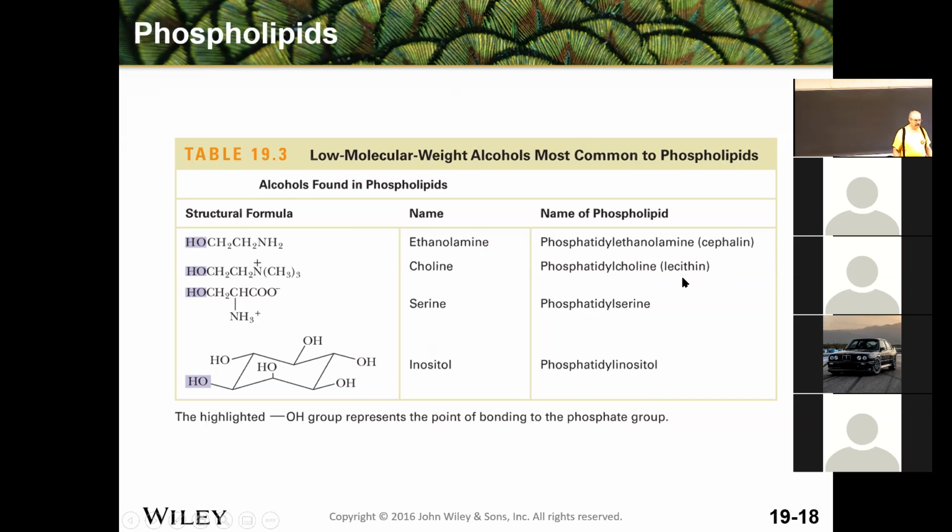Lecithins are phospholipids that are found, for example, in eggs and in soybeans. And lecithins are used in food processing to emulsify such things as mayonnaise, okay, in order to keep it from separating out into layers.